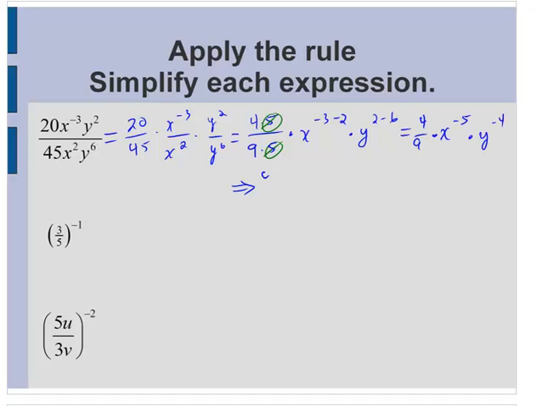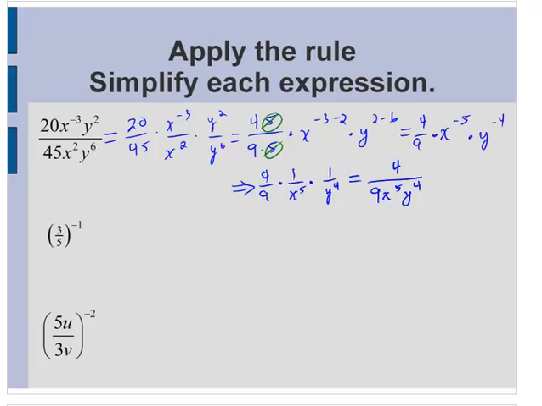So that would give me 4/9 times 1 over x to the fifth times 1 over y to the fourth. Or more simply, 4 over 9x to the fifth y to the fourth. All right, now we're given the expression 3/5 to the negative first power. Well, remember, I've been saying all along that negative says reciprocal.